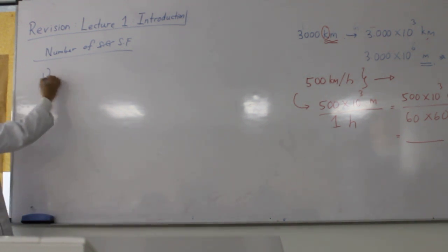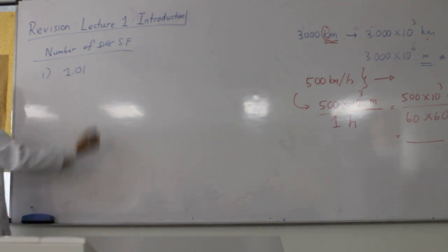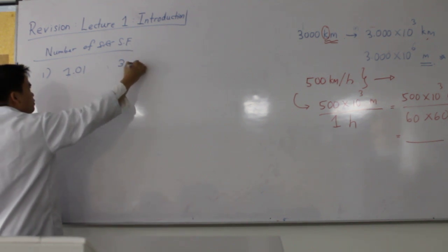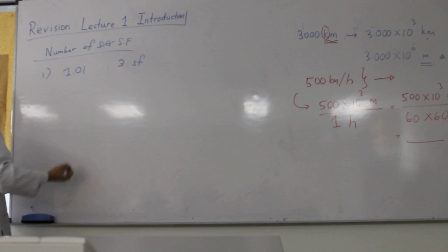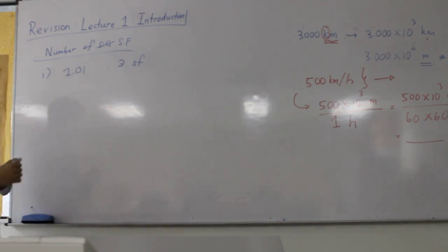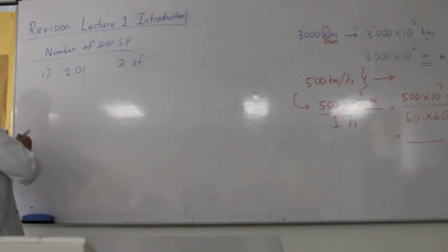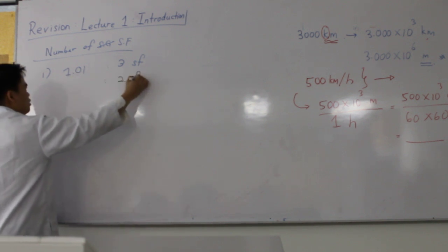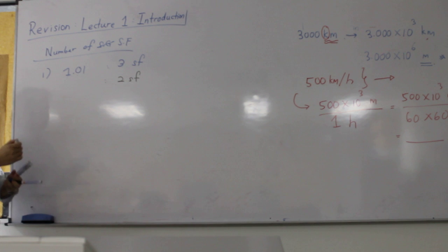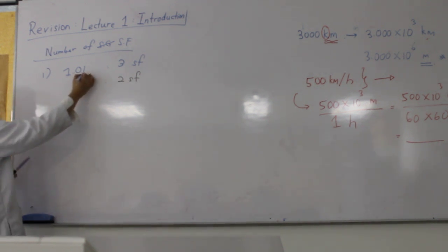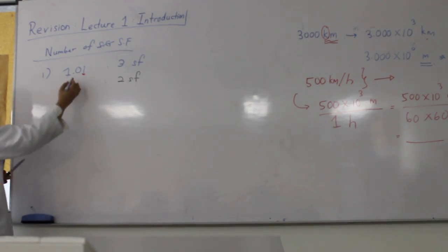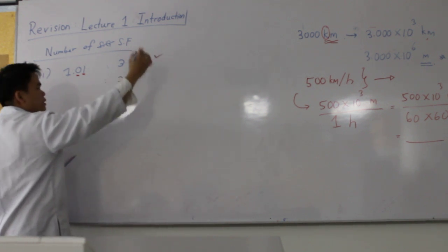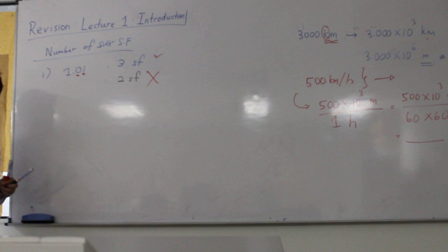First, if I say 1.01, by right, most of you know this is 3 significant figures. But somehow students may ignore this 0 and give 2 significant figures. Just to let you know, if there's a number here, this 0 should be considered as well. So 3 significant figures is correct, 2 significant figures is wrong.